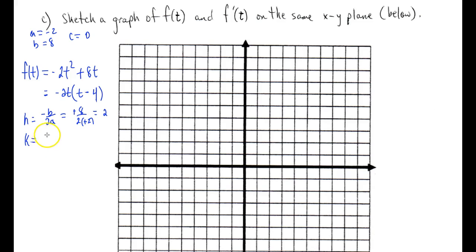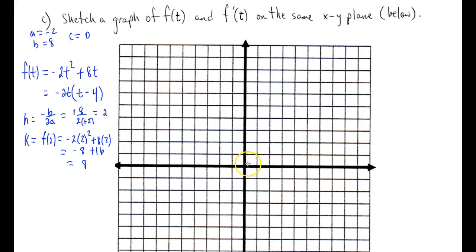Corresponding value k, we'll just plug in 2 into that function. This should be easy to do. And so that'll be negative 8 plus 16. So that'll be positive 8. So we know we have a parabola that opens down.